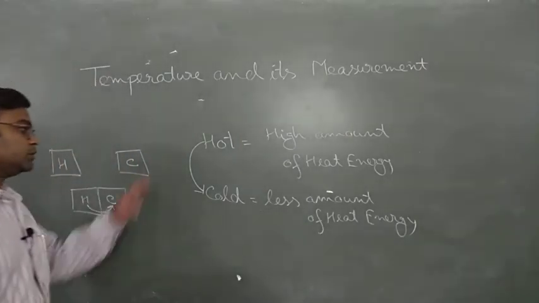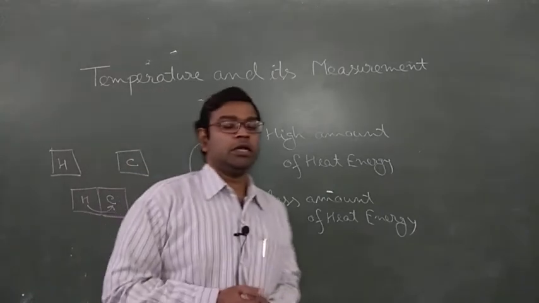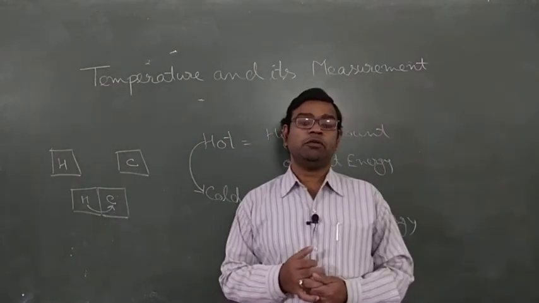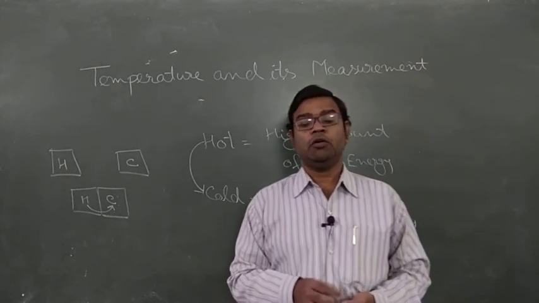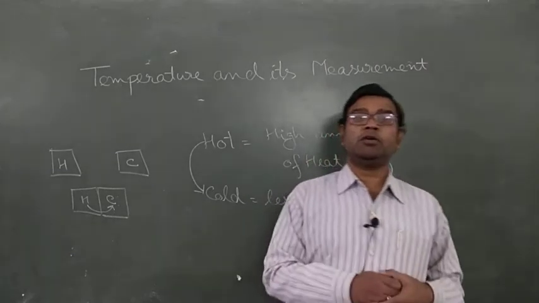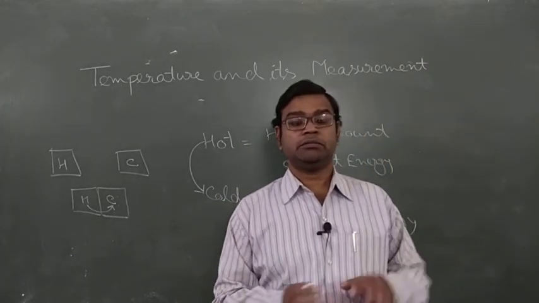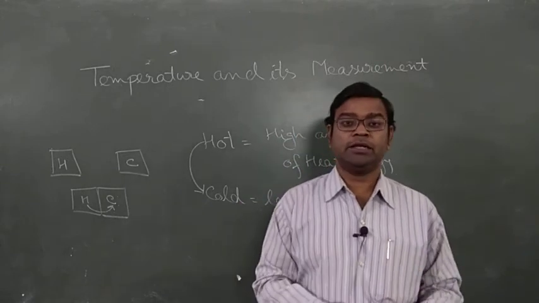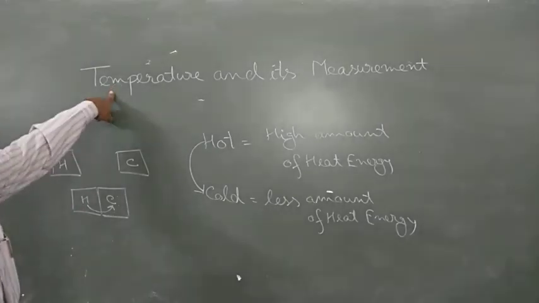Now coming to human beings, if we touch a hot body, we feel a degree of hotness, and if we touch a cold body, we feel a degree of coldness. This degree of hotness and coldness is measured by some applications, and it comes under the heading of temperature.